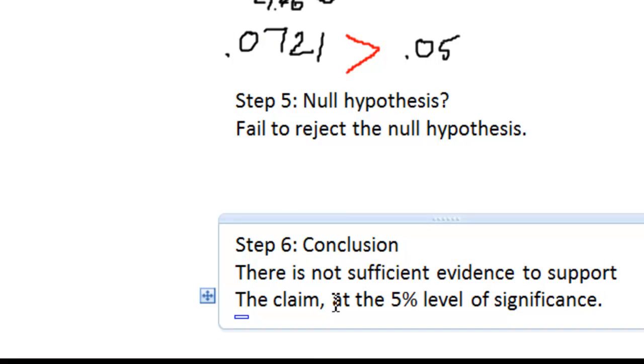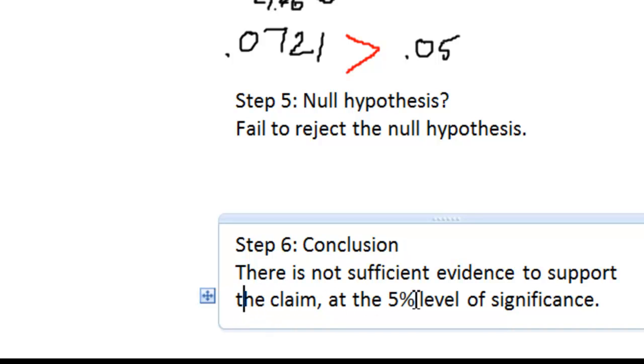When I make that claim down here, I have to state whether there's enough evidence to support it or not, and I have to be specific and identify at what level of significance. So in this case, there is not sufficient evidence to support the claim at the 5% level of significance. That's how p-value hypothesis testing works.